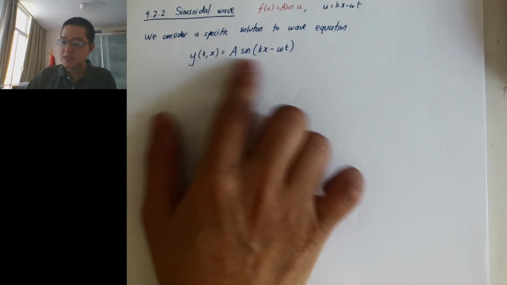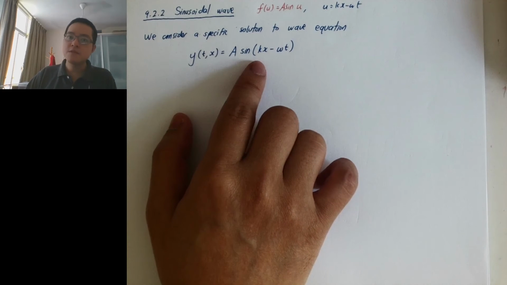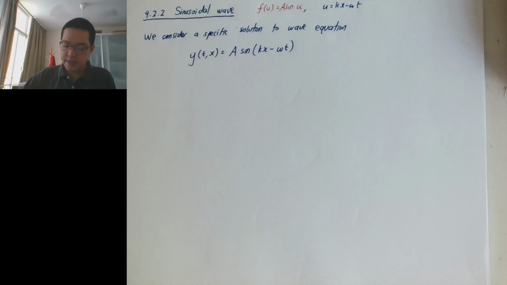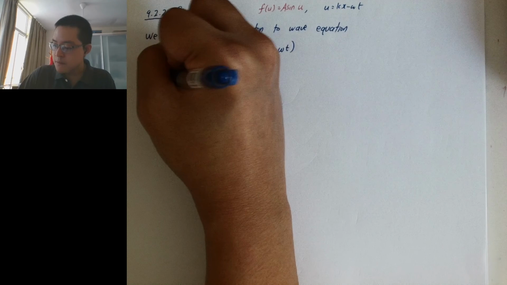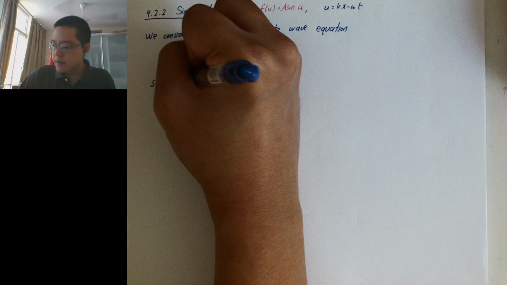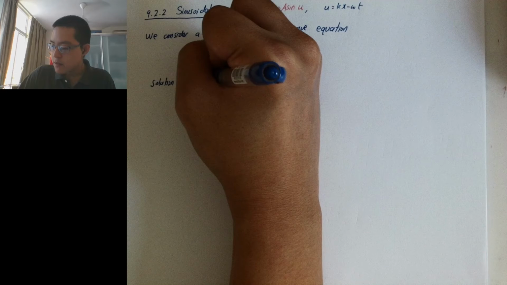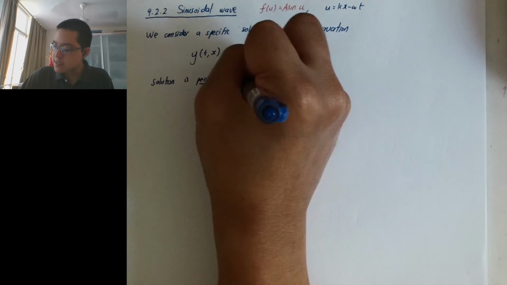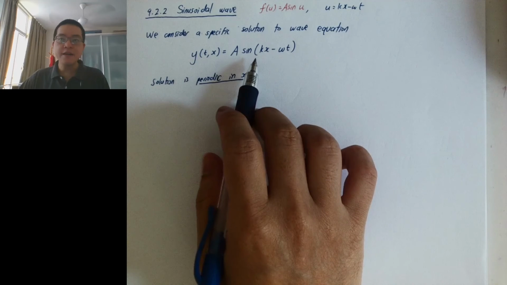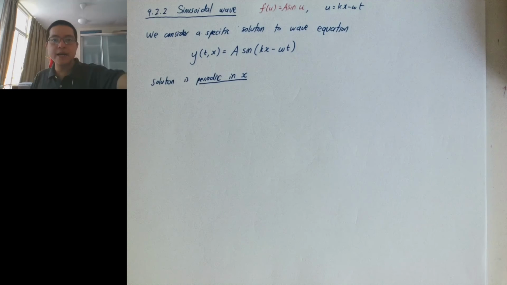I will consider this specific solution, sine kx minus omega t. As you can see, this solution is periodic in x, because this is a sine function. If I increase the argument by 2 pi, it will repeat again, and another 2 pi, it will repeat again and again.